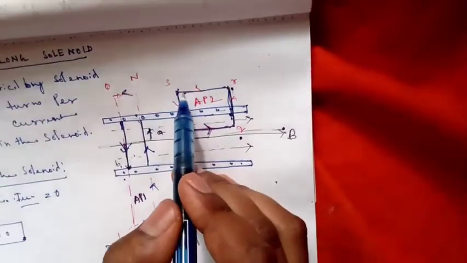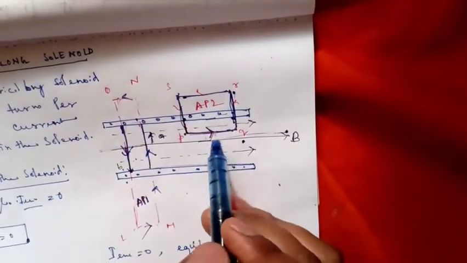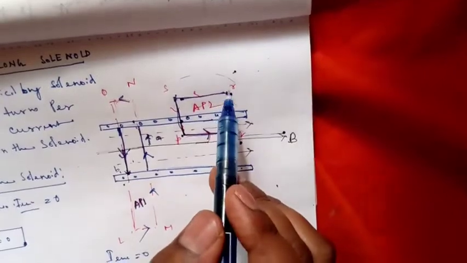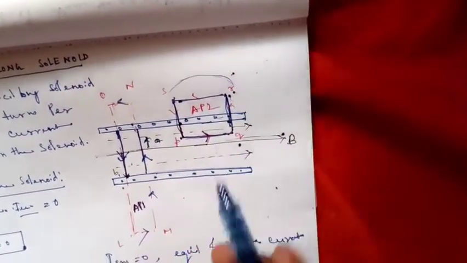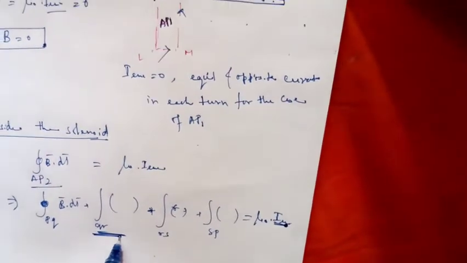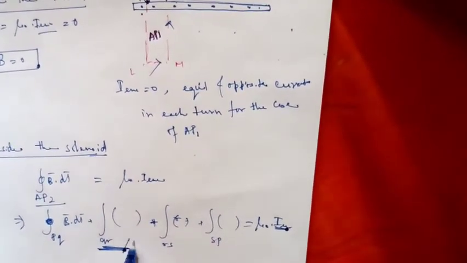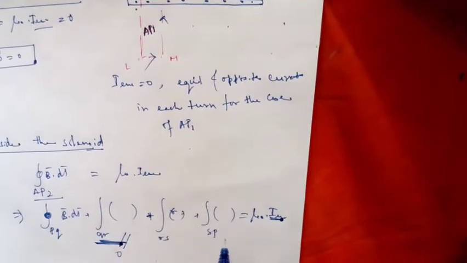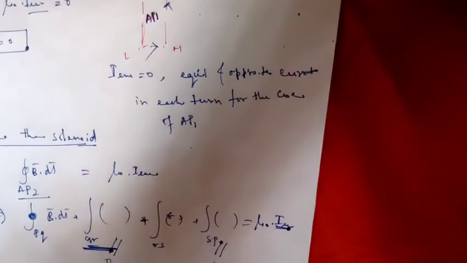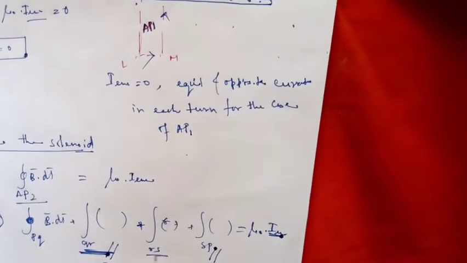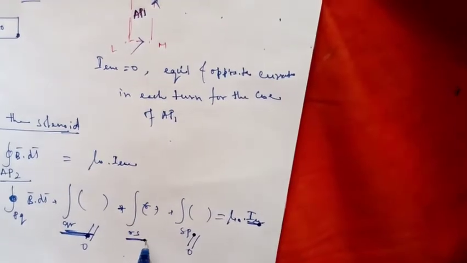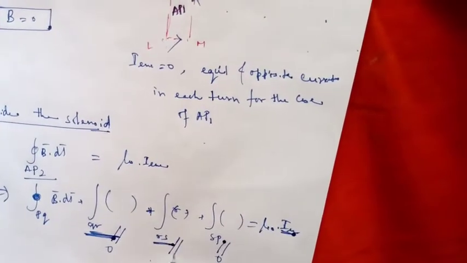For the case RS, this RS is outside the solenoid, so there is no field along this path, and this also gives 0. So for QR and SP, B and dl are perpendicular to each other, giving 0, and RS is outside the solenoid, so this also gives 0.